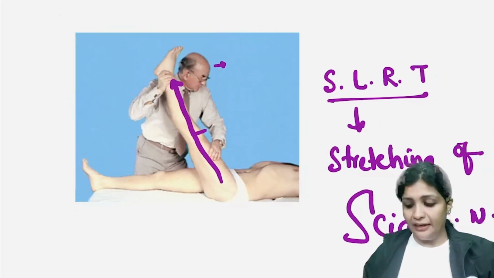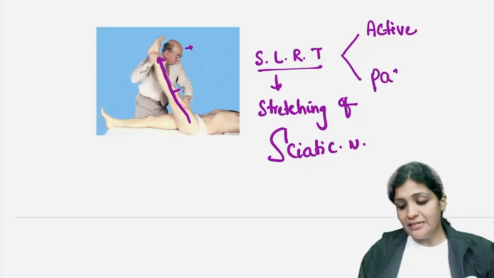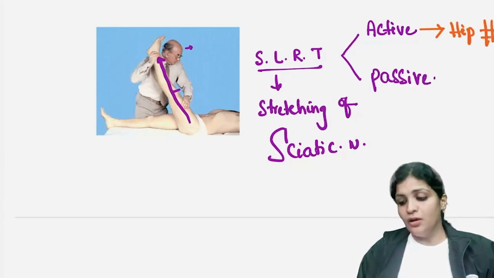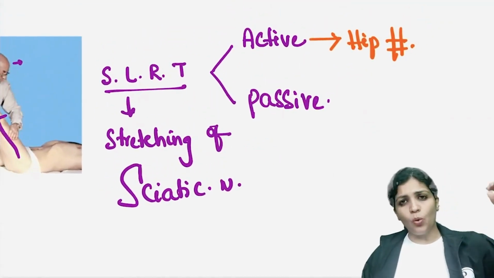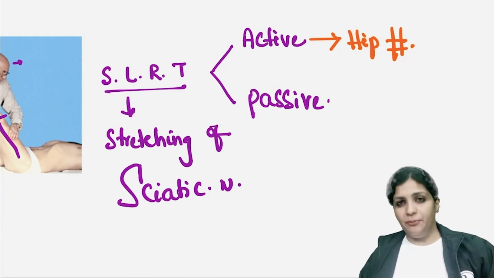Before that, let me tell you that SLRT is of two types. One is active SLRT, the second one is passive SLRT. Active SLRT is done by the patient to assess for hip fracture. If the patient is able to lift his own limb, you can rule out hip fractures.